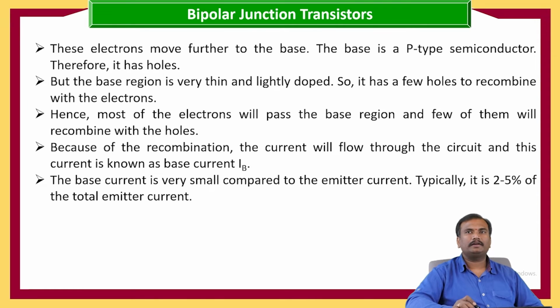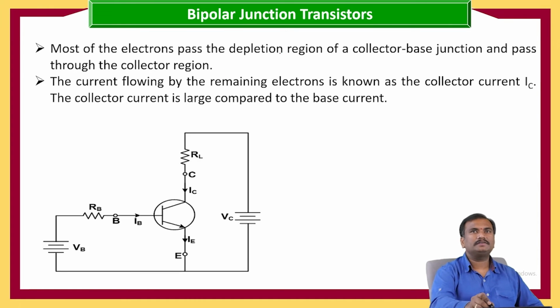So if we take 100 amperes of emitter current, then 2 to 5 amperes of base current will be there in the transistor. Here most of the electrons will pass the depletion region of the collector base junction and pass through the collector region, and the current flowing by the remaining electrons is known as collector current.